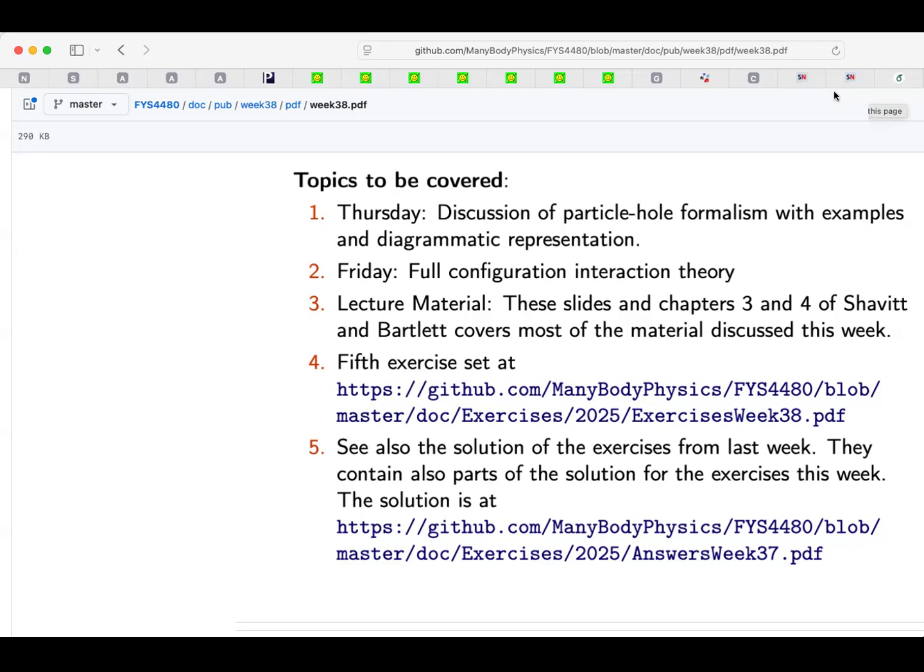The solution which I put into the answers contains a little bit more, and I'm going to use those solutions in the discussions of full configuration interaction theory. Because the end of the answers contains the final Hamiltonian matrix, which we will define in more detail tomorrow.